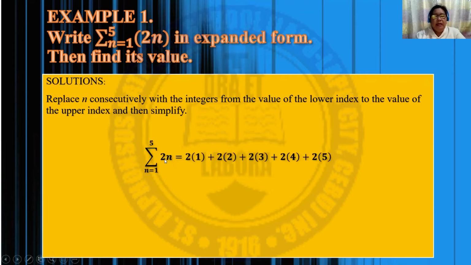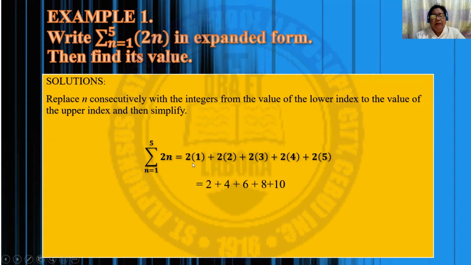The pattern is 2n. So 2 times 1 plus 2 times 2 plus 2 times 3 plus 2 times 4 plus 2 times 5. So you have to end at 5 only.